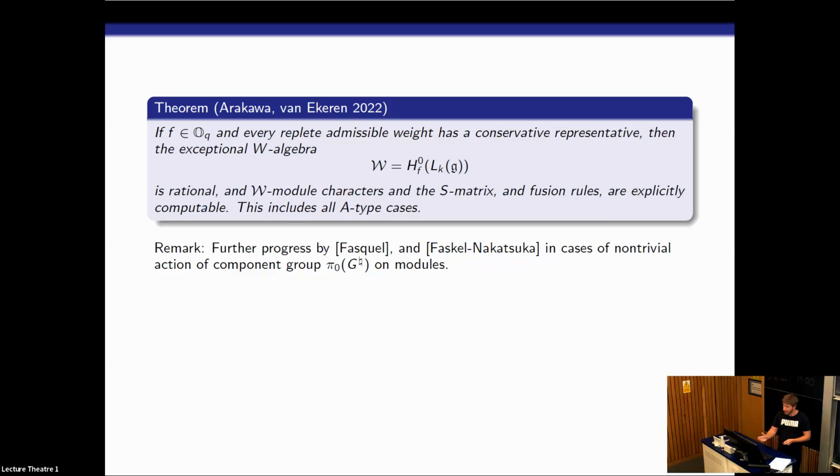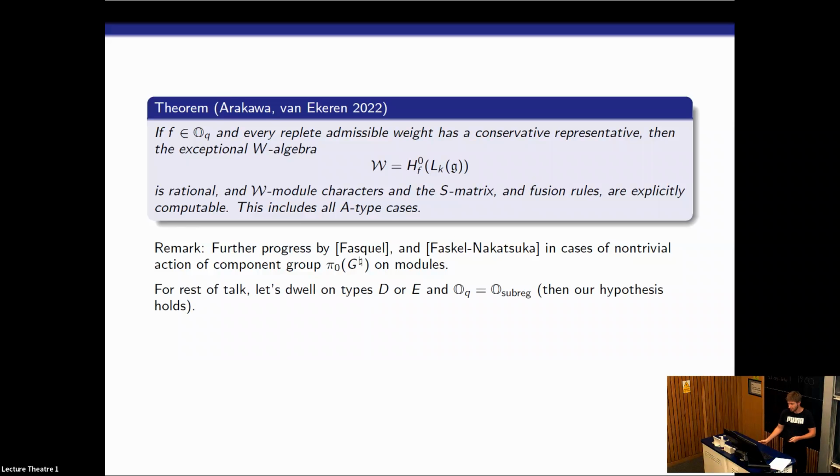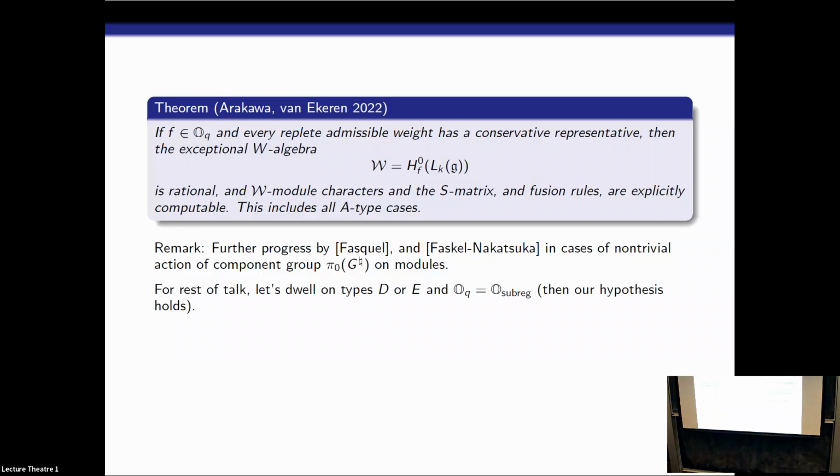Okay. And let me just remark that there is a paper of Justine and a very recent paper of Justine and Shigenori making inroads into some of these cases where this group is non-connected, and I think it's very interesting, but it's not what I'm going to talk about.